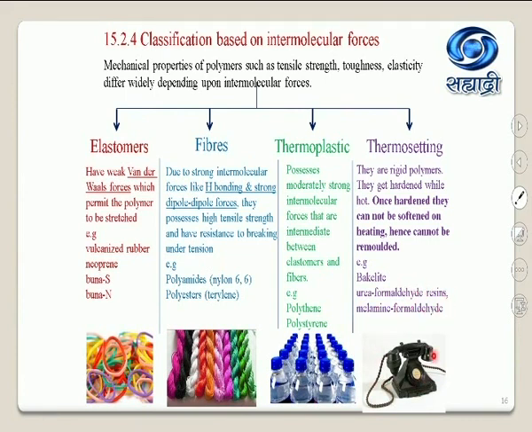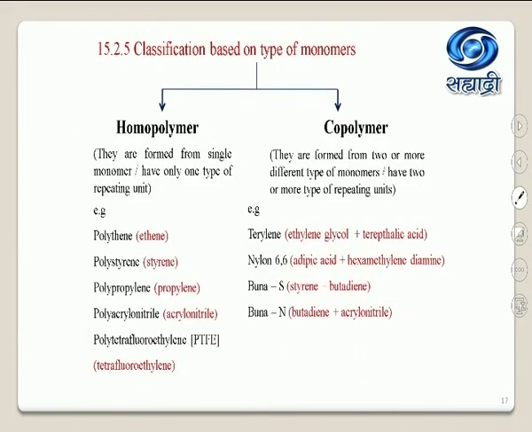I have shown here one picture of a telephone, which is a bakelite polymer material. So in this way polymers are classified on the basis of intermolecular forces. Here you have to remember in the polymer which type of force of attraction is there.